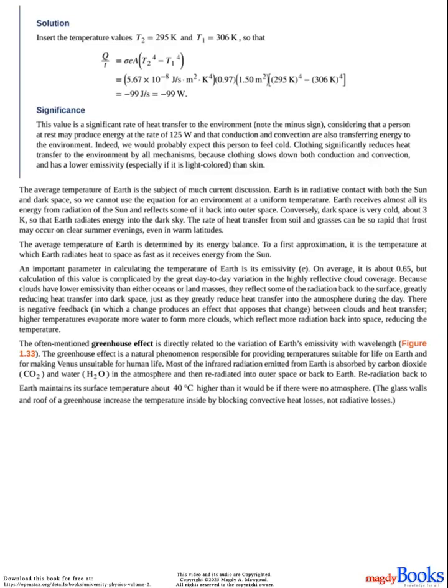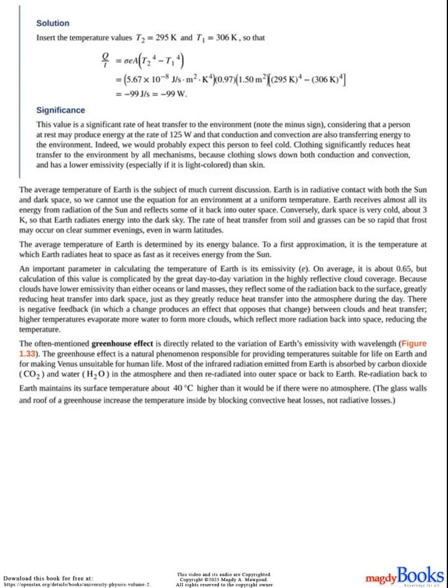The often mentioned greenhouse effect is directly related to the variation of Earth's emissivity with wavelength, Figure 1.33. The greenhouse effect is a natural phenomenon responsible for providing temperatures suitable for life on Earth and for making Venus unsuitable for human life. Most of the infrared radiation emitted from Earth is absorbed by carbon dioxide, CO2, and water, H2O, in the atmosphere and then re-radiated into outer space or back to Earth.